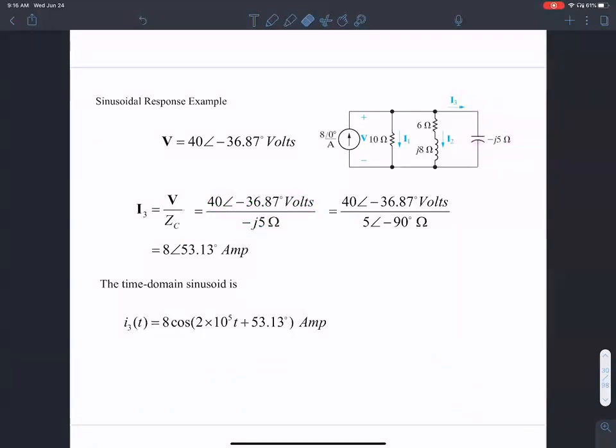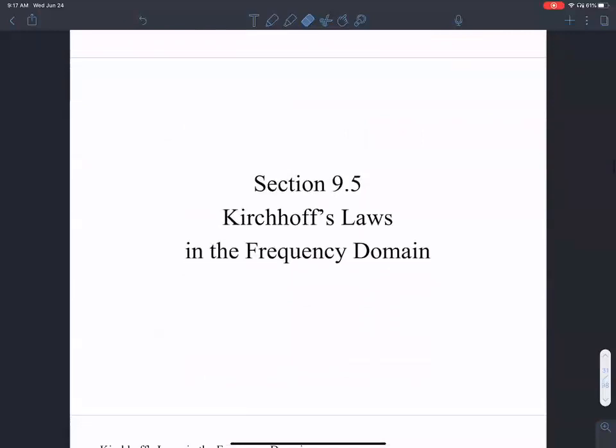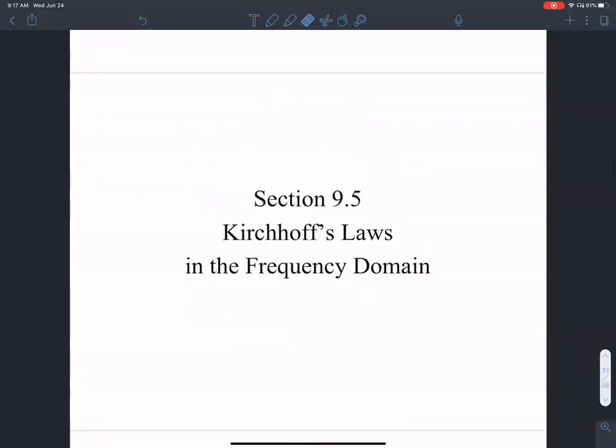What I want to do is come back in the next class. It's probably not as clear when I show them on PowerPoint. If I solve this problem step by step on plain paper, that might actually make a lot more sense. That is what I plan to do in the next class when we talk about Kirchhoff's laws in the frequency domain.